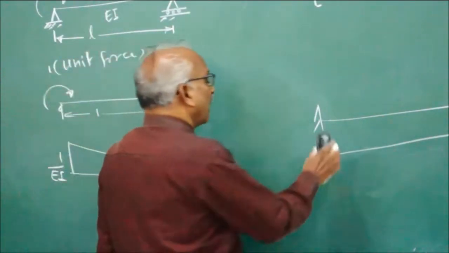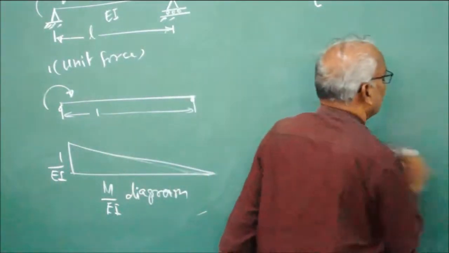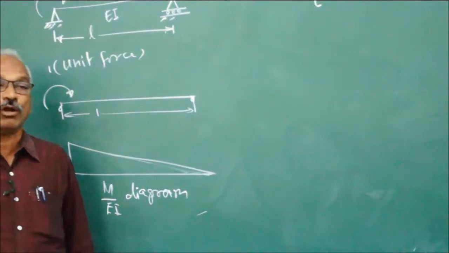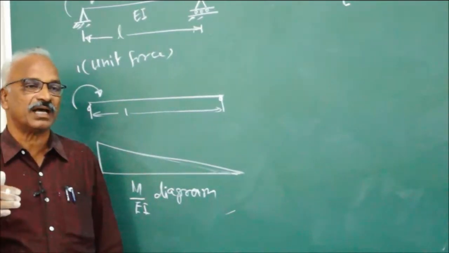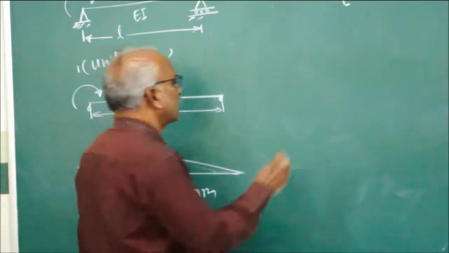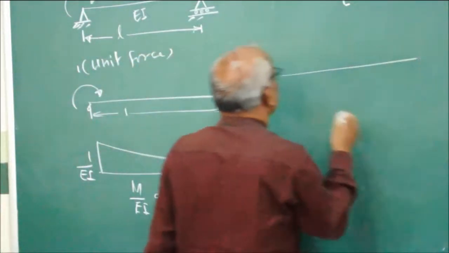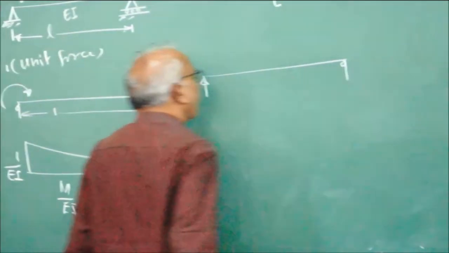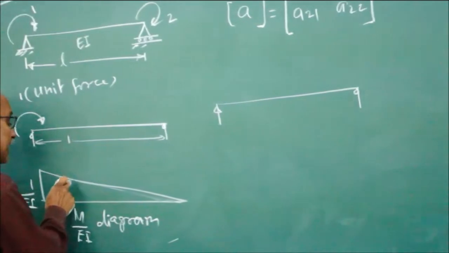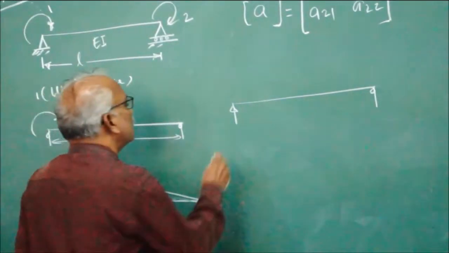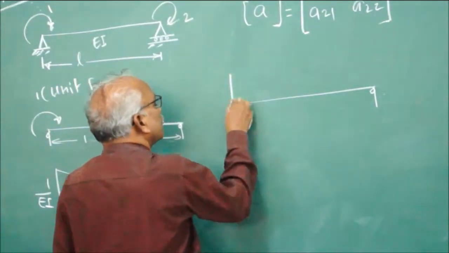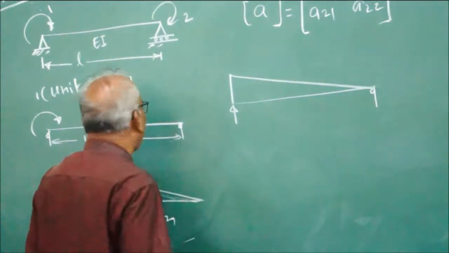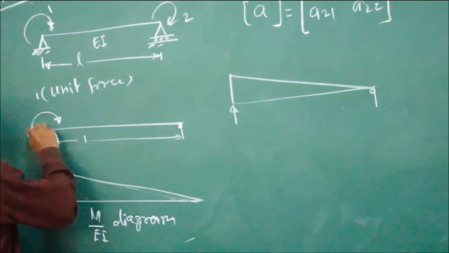Now, after drawing the M by EA diagram, you know that the conjugate beam will be loaded with the M by EA diagram of the given beam. This is the conjugate beam. It will also be simply supported, and it will be loaded by the M by EA diagram of the given beam. So the M by EA diagram is this, and this is a sagging moment.